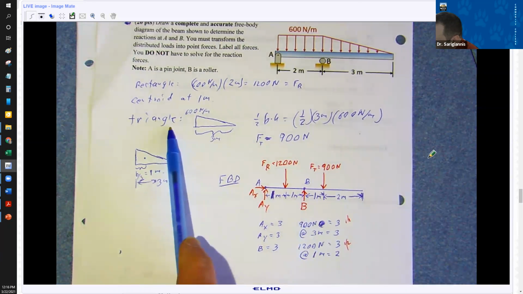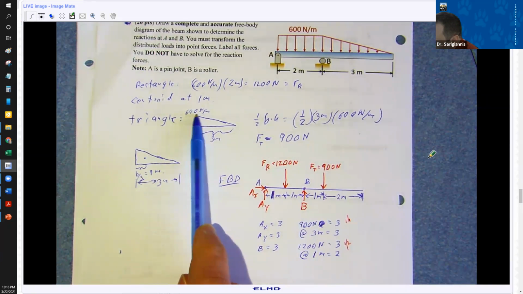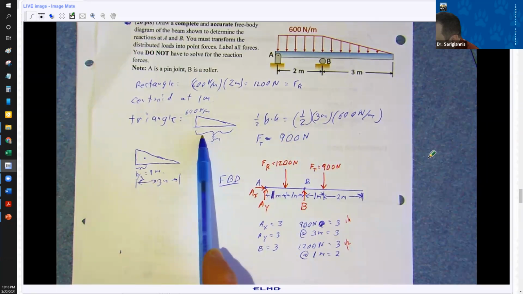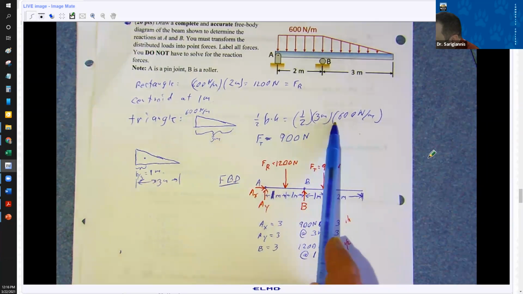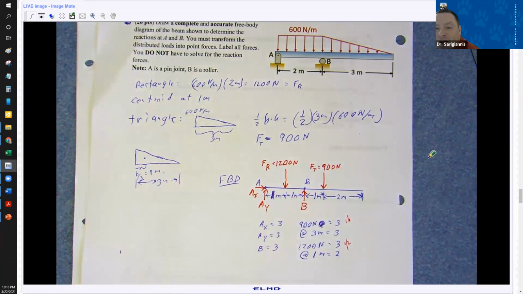The next one was the triangle. I've got a 600 Newton per meter force that tapers down. So it's 1/2 base times height. The 3 meter base times the height of 600 Newtons per meter gives you 900 Newtons. For some reason, a bunch of people put 450 Newtons there.